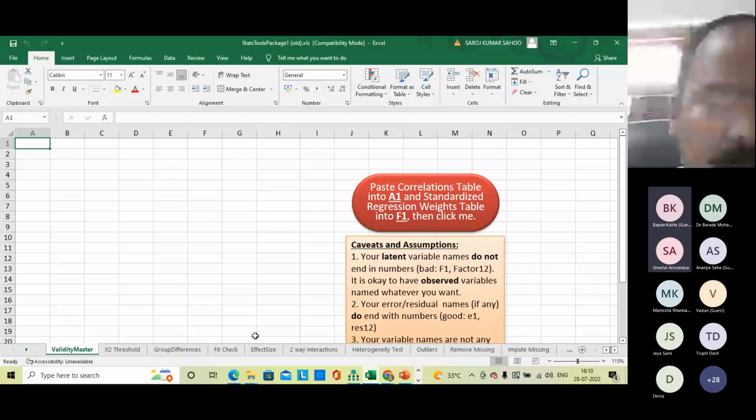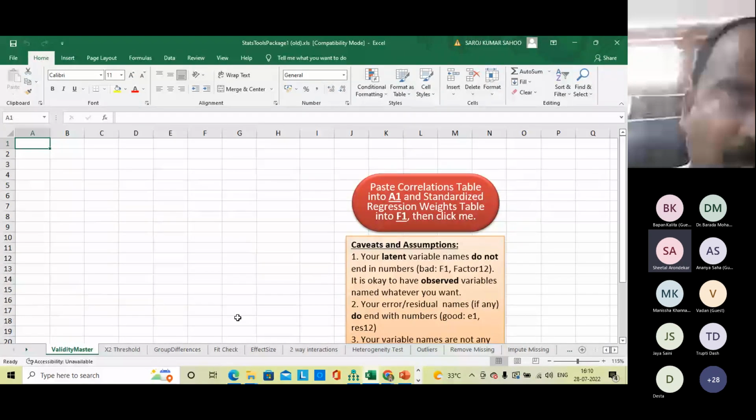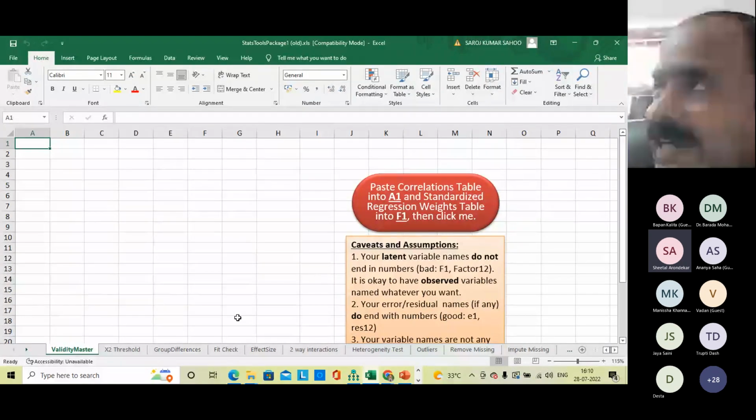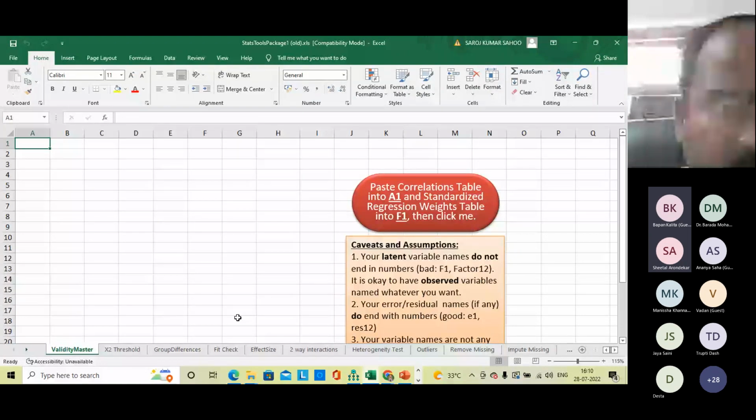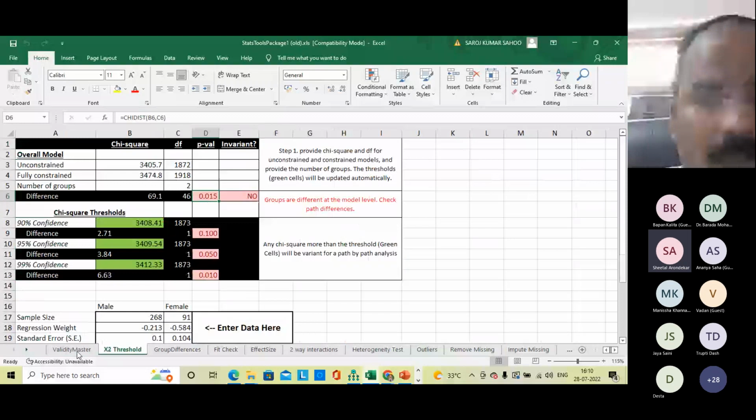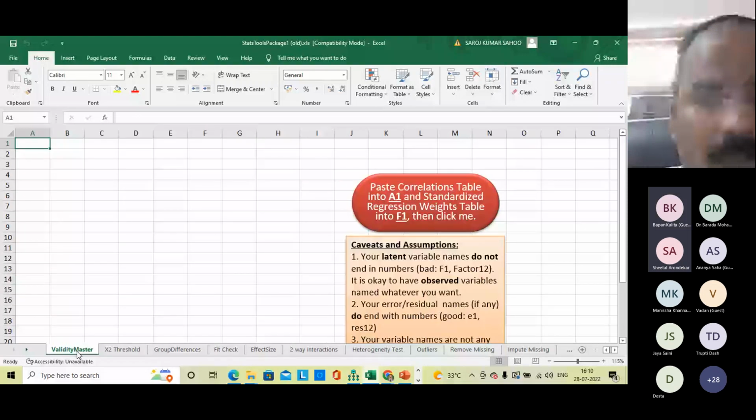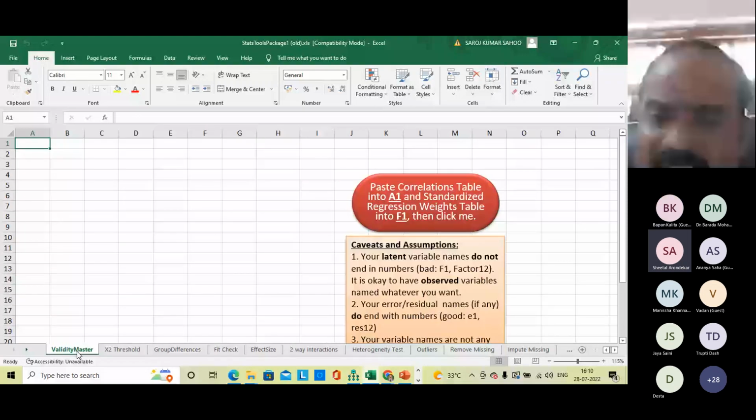Paste the correlations table. Please first listen to me. There are so many options below the Excel sheet. Go to the validity master. Yes, I opened the validity master, and there I can see A1.